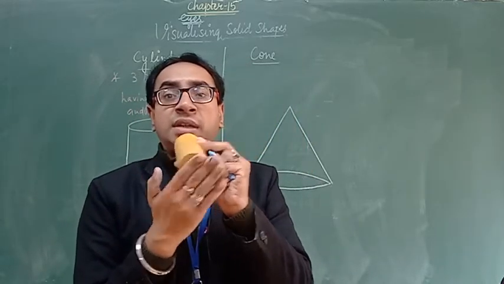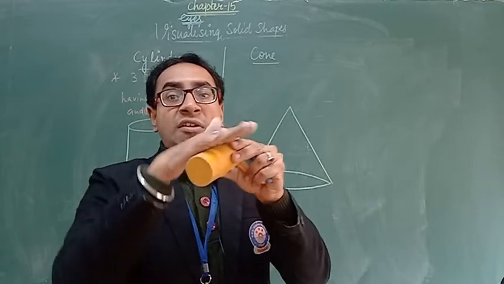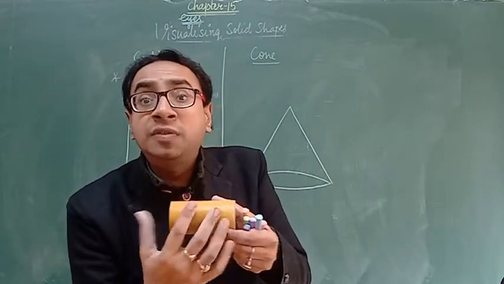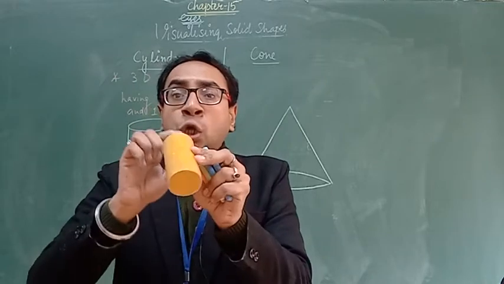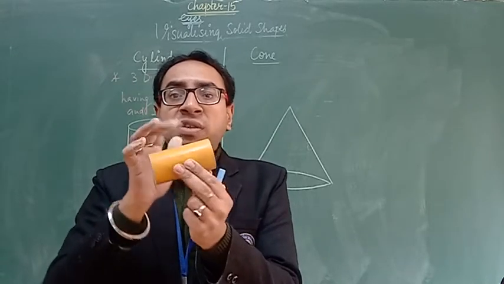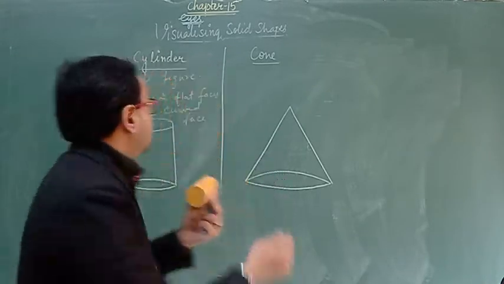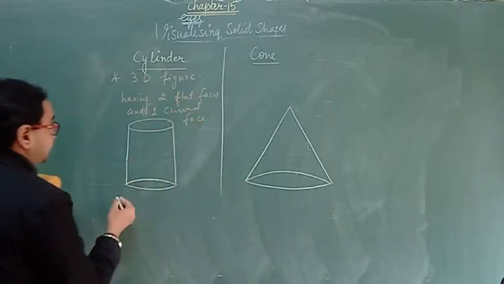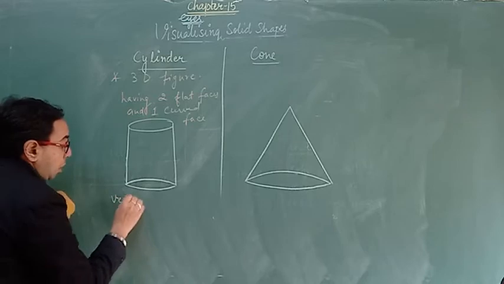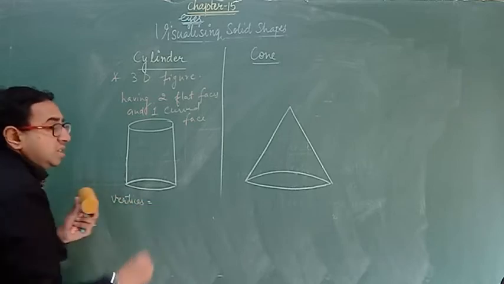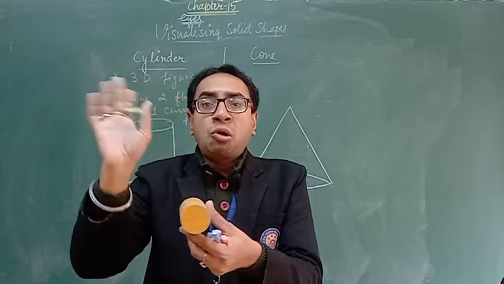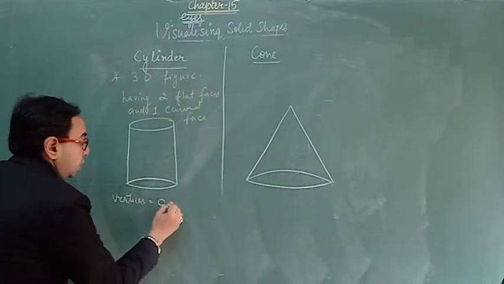Flat surface. It is curved, but it is flat. So hence a cylinder has two flat surfaces and one curved face. So the figure has three faces in total. Next, let's discuss vertices. Vertices means corner. Do you see any corner in a cylinder? Anywhere? No corner. That is why zero vertices.